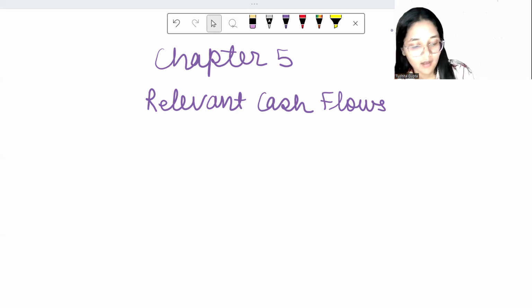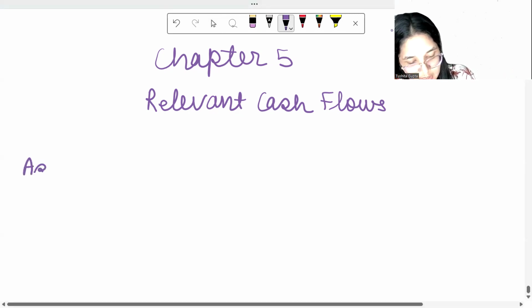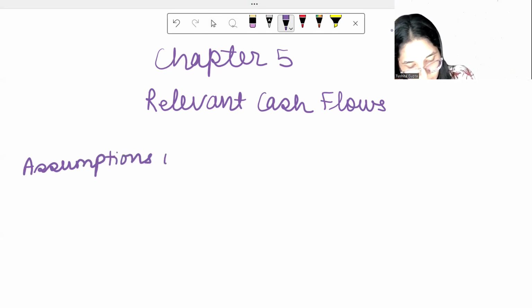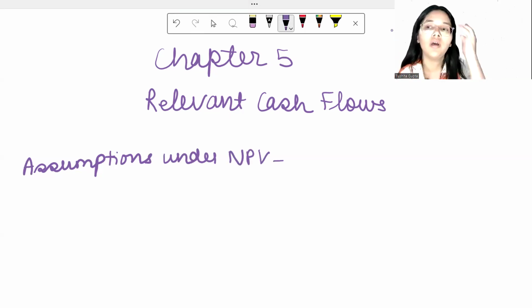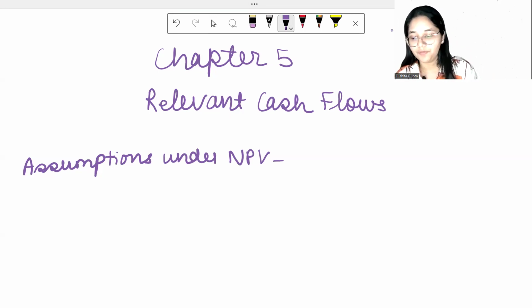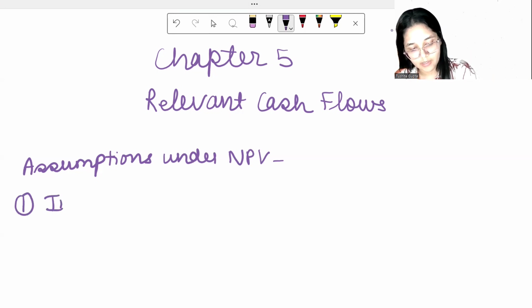So let's get started. Number one thing that this chapter starts with is the assumptions when it comes to the NPV method. So, these are assumptions under NPV. Whenever you are doing a question through the NPV method, the first thing that you are going to assume is that your initial investment goes out in year 0.